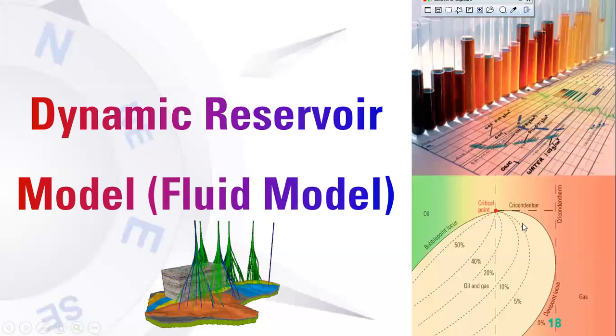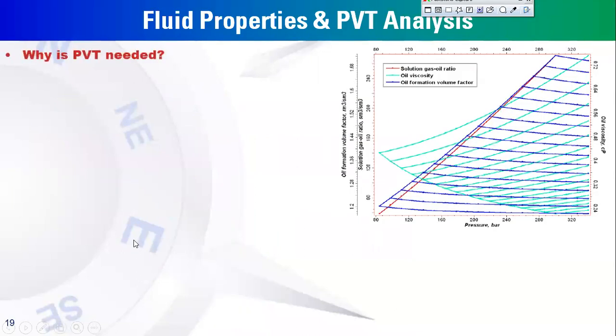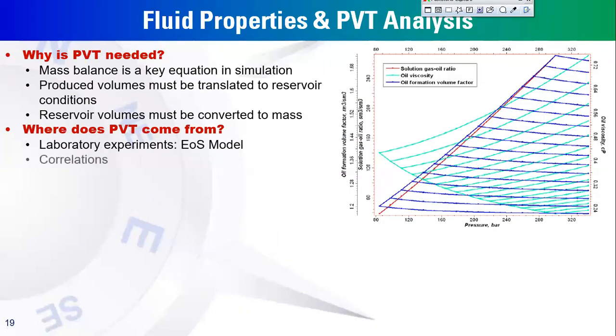As an application of reservoir fluid modeling and reservoir simulation, PVT is important to apply mass balance in the simulation equation and to convert the bottom hole volumes to equivalent surface volumes. Sources of PVT data can be lab experiments, and then this data will be used to generate an equation of state model.